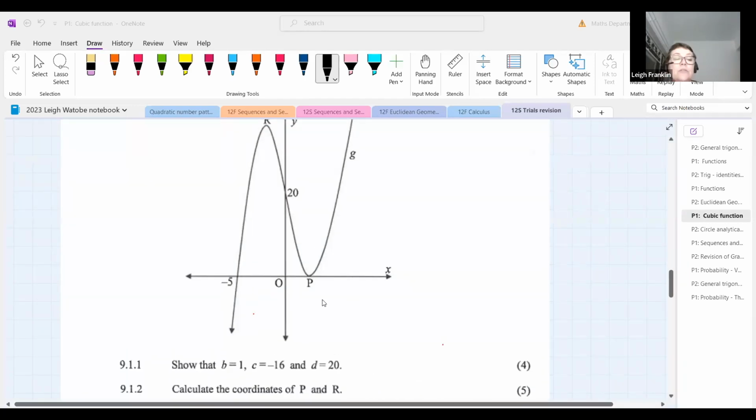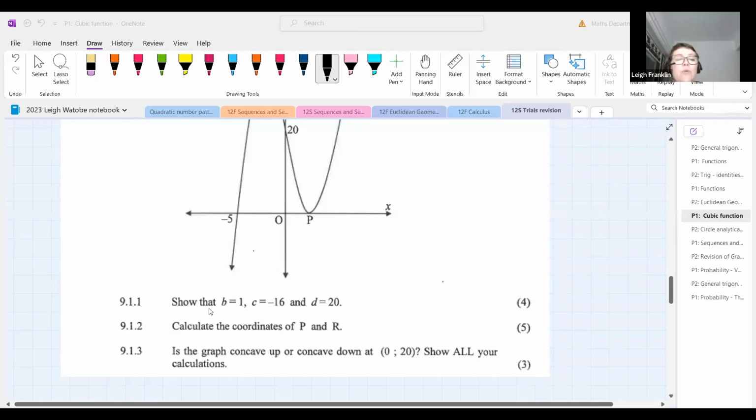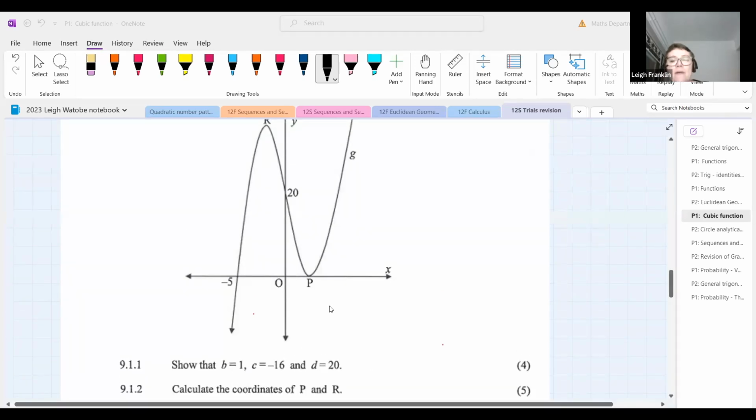Now, I chose this question because it's obviously different from the others, but question 9.1.1 is also something that learners generally struggle with. This question is about finding the equation of a cubic function.